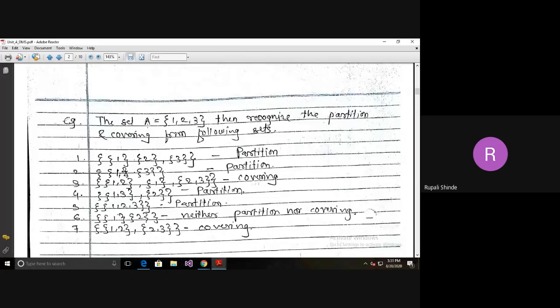So here the next example is also based on partition and covering. Here set A is given, which consists of three elements 1, 2, 3. Again we have to recognize whether these given sets are partition or covering. Consider the first set.